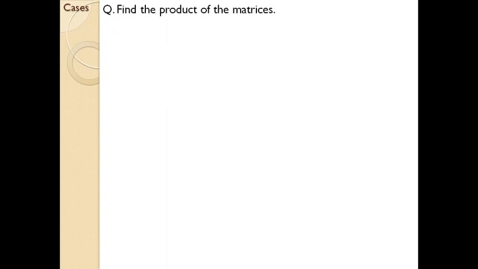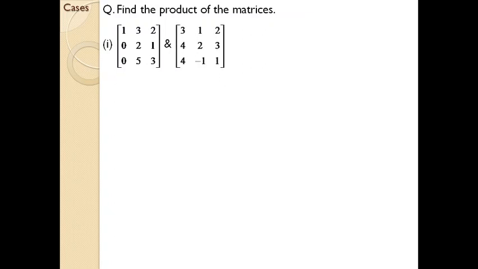Example, it's an application case, so let's try an example. Then you will get a clear picture. Find the product of two matrices. Two matrices are given. First one is 3 into 3, that's the order of the matrix. And the second one is 3 into 3.